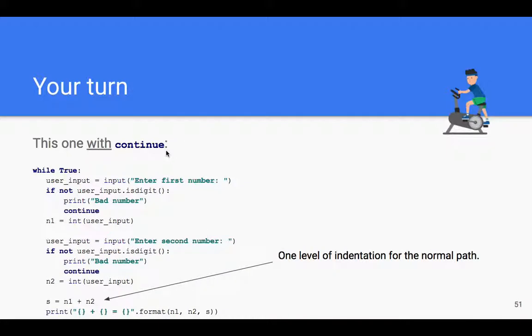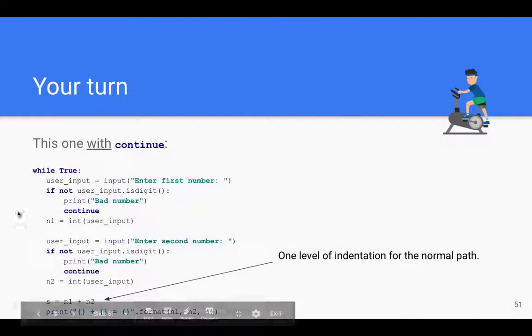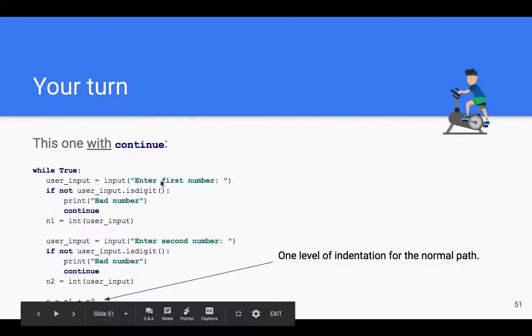Okay, assuming you've done that, here is my version that uses continue. The way this works is very similar to before. Enter the first number. Now, if it's not a digit, we tell the user and then we continue, which means we skip everything from that point on and go back and ask for the first number again.